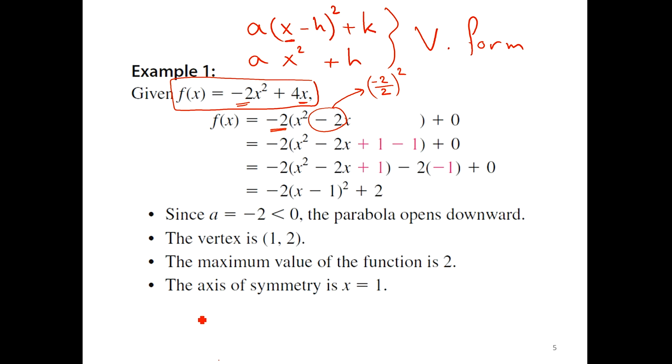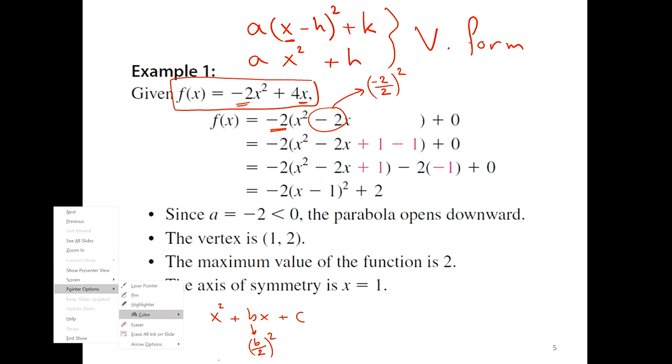For any complete square, for example, we have x square plus bx plus c. If we need to find the complete square, take b and divide by 2 and find the square. So we can add and subtract this value.